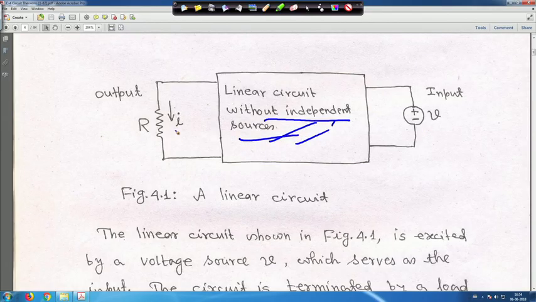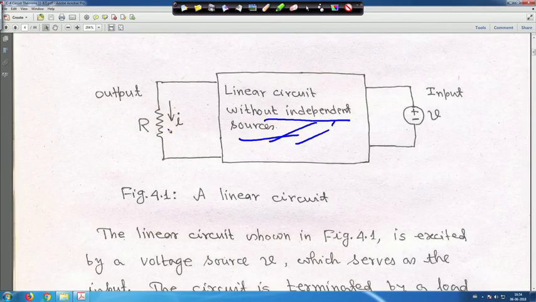Now the question is: suppose V is equal to 5 volts, and at that time I is equal to 1 ampere. If I make V equal to 10 volts, then I has to be 2 amperes, because V has been multiplied by 2, so I has to be multiplied by 2. If that happens, then the circuit is linear.